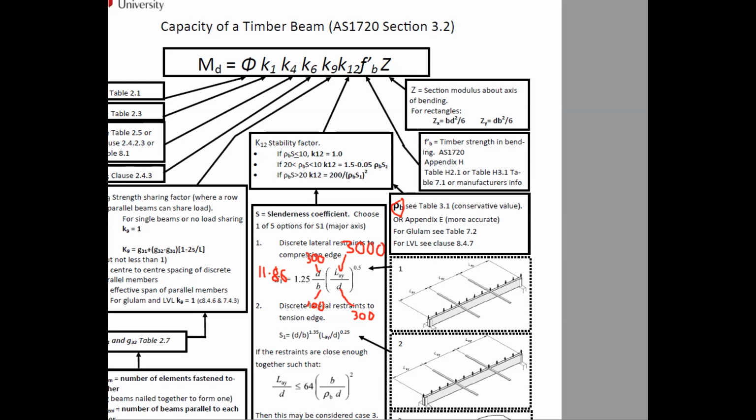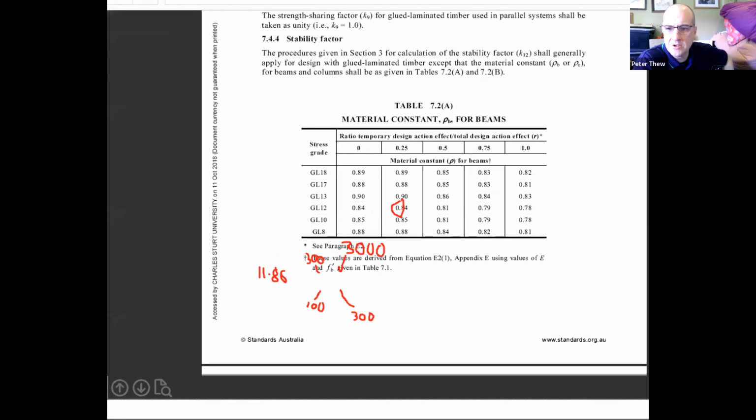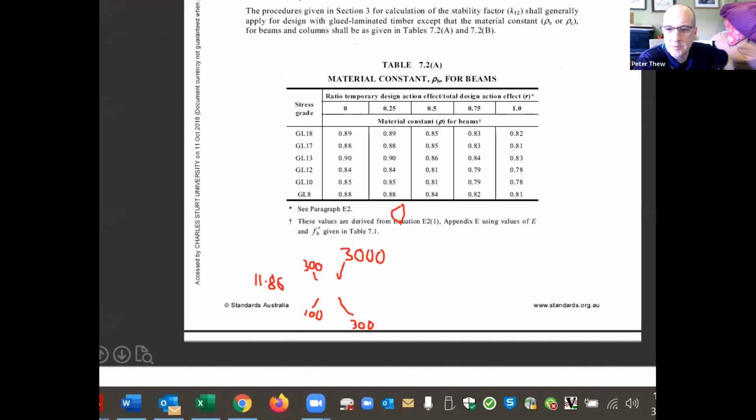Do we use stress grade GL18? Is that the one that says in the question, Bryce? Yes, that's correct, GL18. And Peter, I got the same answer as you for S1. Good. So what value did you use for rho B? GL18, yep. What does it say in the question that the load is going to go under?